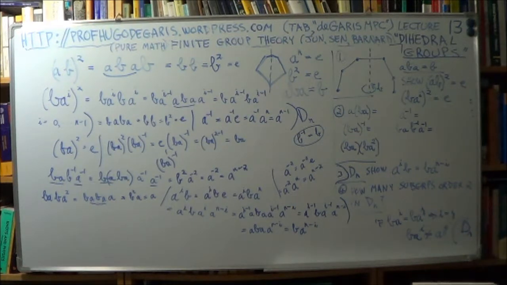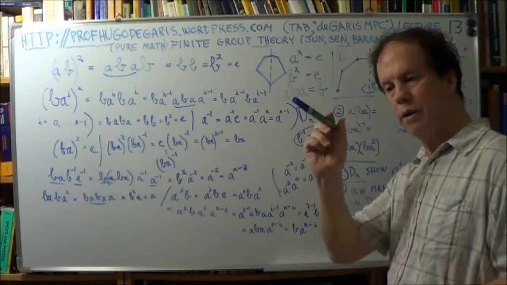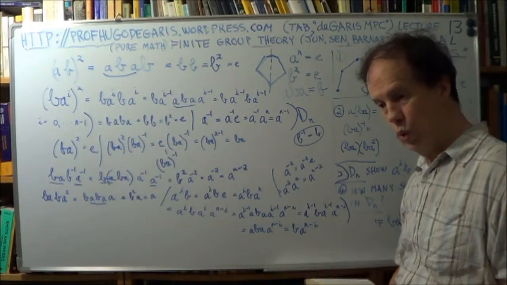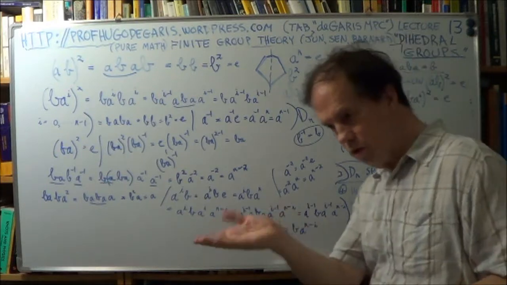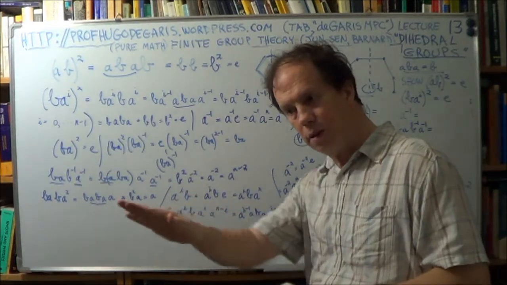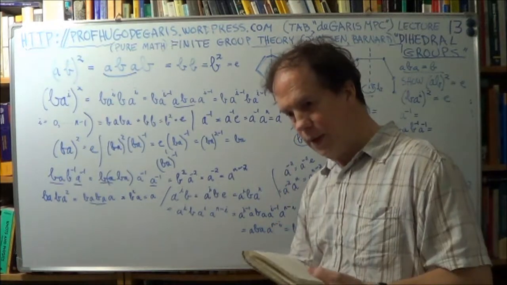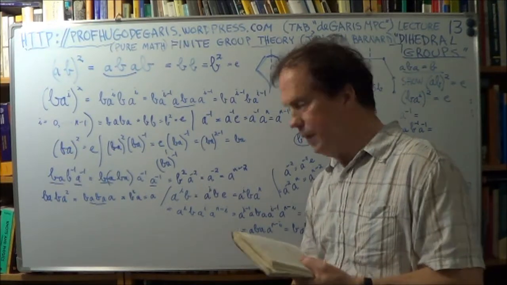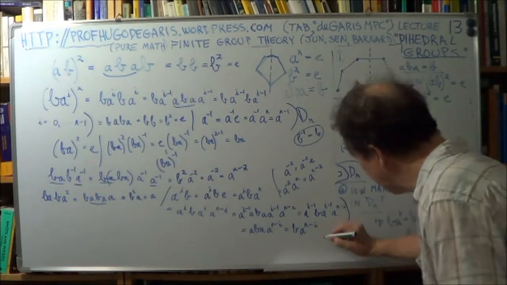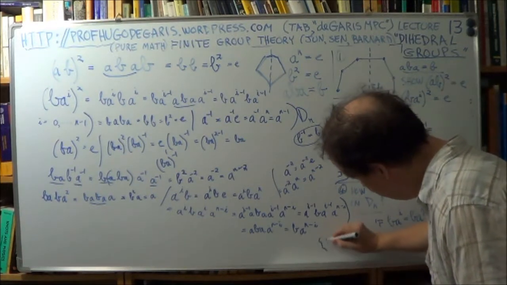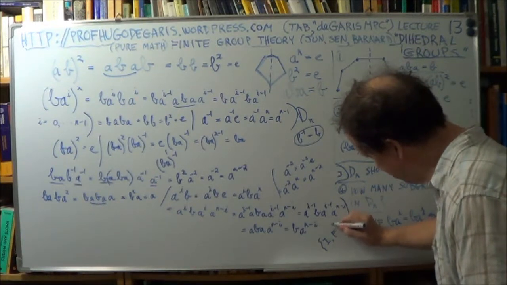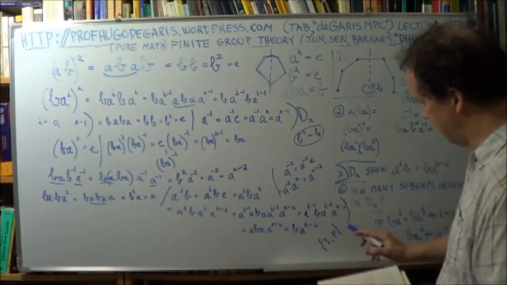Question 4. How many subgroups of order 2 in your general n-sided regular polygon dihedral group? How many subgroups of order 2? So both flip type subgroups and rotation groups. Let's see. Now it's order 2, right? So you'll have the unit, you always have the unit, and it'll be some kind of flip operator. So how many of these do you have?